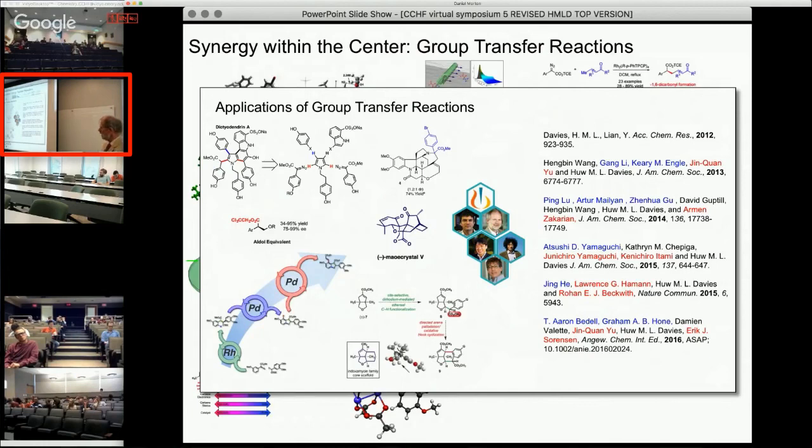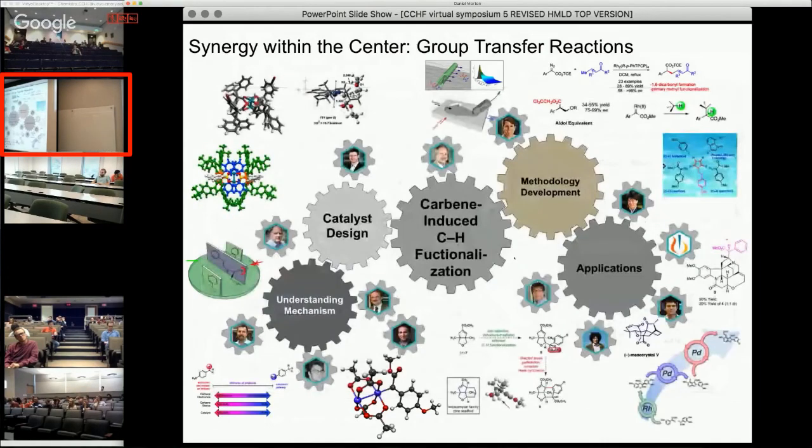With that combination, next slide, we're in a position of broad opportunities, where we've gone from fundamental methodology development to this wide range of possibilities: from a mechanistic understanding, being able to develop really unusual types of catalysts, lots of synthetic applications, particularly in the CH functionalization field, and then these very exciting collaborations with experts in synthesis that allow us to really showcase the opportunities of this chemistry going forward.